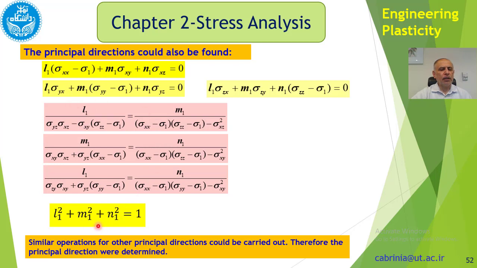In this way the direction cosines for the principal directions are known, and we know where the direction of that plane is for sigma 1. Similarly, for sigma 2 and sigma 3, we can do similar operations to obtain the direction cosines L2, M2, and N2, and therefore in this way the 3 principal planes are determined.